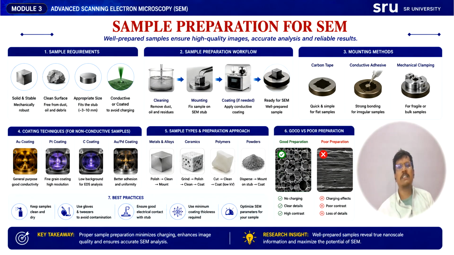Now, let us discuss an extremely important aspect of SEM analysis, that is sample preparation. Even the most advanced SEM instrument cannot produce high quality images if the sample preparation is not properly done.